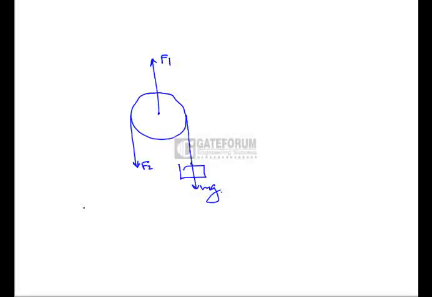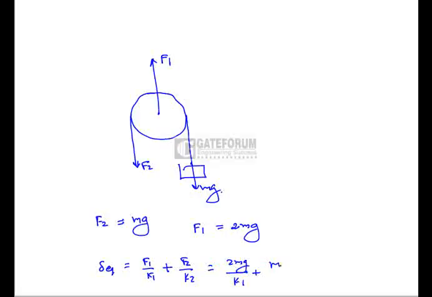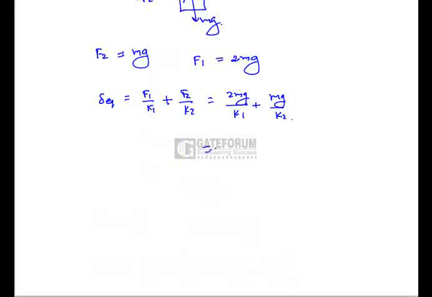By using the static equilibrium equation, f2 is equal to mg, and f1 is equal to f2 plus mg, that is 2mg. So the total or equivalent deflection is f1 by k1 plus f2 by k2, which is equal to 2mg by k1 plus mg by k2, and is equal to mg into (2 by k1 plus 1 by k2). In the options, the correct option is B. B is the right answer for the first question.